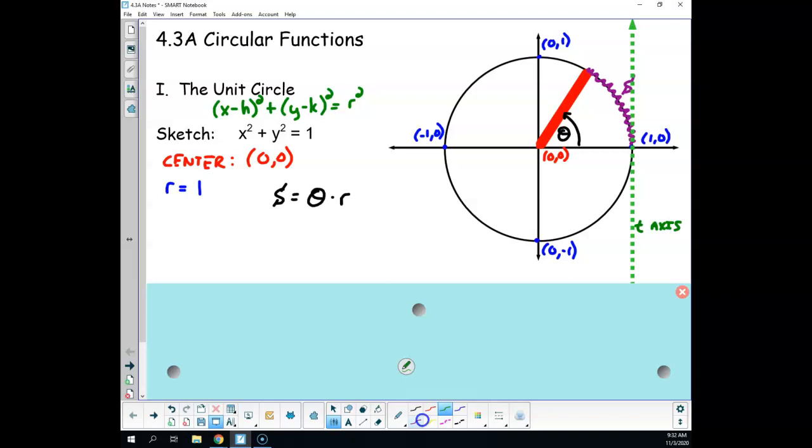So this distance here would be T, and T is the same length as s. If I were to bend that around the circle, we call that a wrap value. Because our radius is 1, we get T equal to theta.